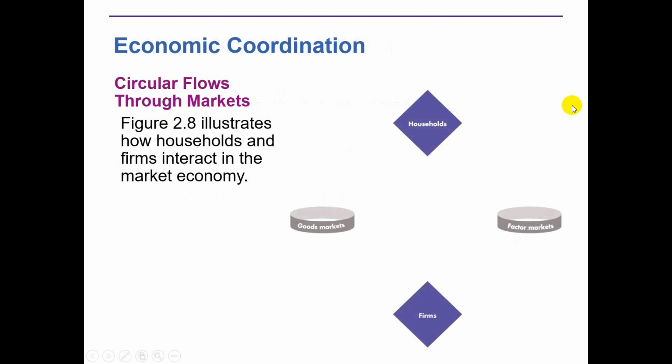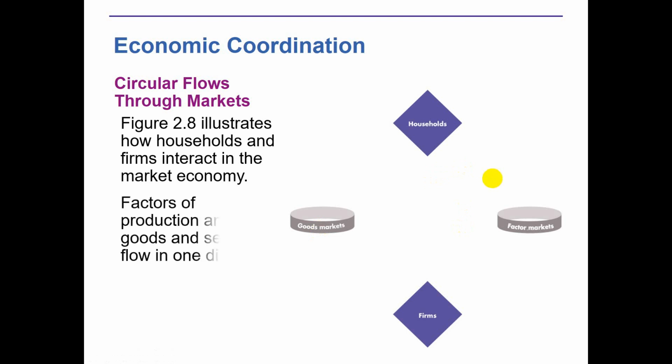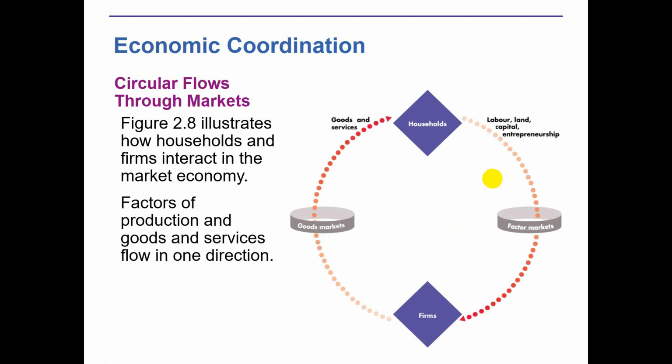We are focusing on two main sectors, households and firms, and two main markets, factor markets and goods markets. This is the simplest model, the 2 by 2 model, where we consider only two sectors and two markets. The outer circle is land, labor, and capital.